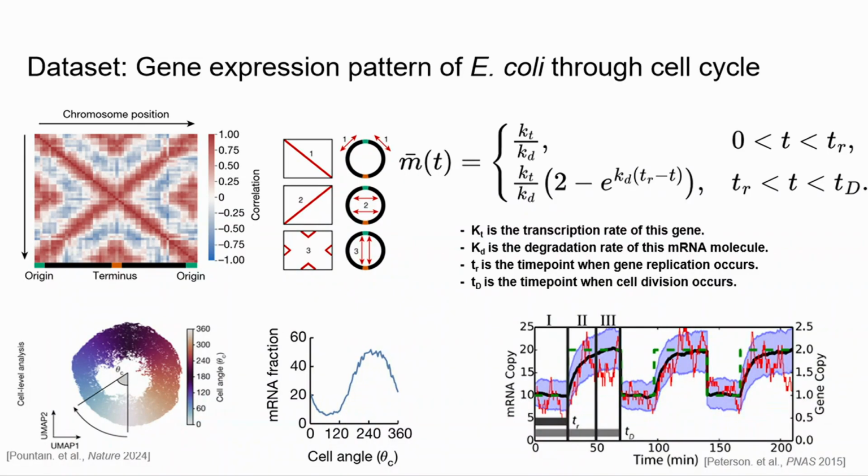Then in the paper, they use an ODE model to describe the behavior of the gene expression. They say that there is a steady state that depends on the transcription rate and degradation rate of the RNA, and then after gene replication, we have a 2x increase in the gene mRNA copy number inside the cell, and after cell division, it gets back to the steady state.